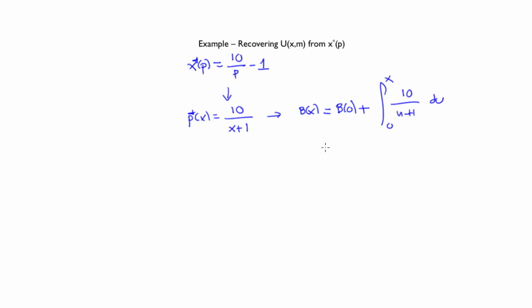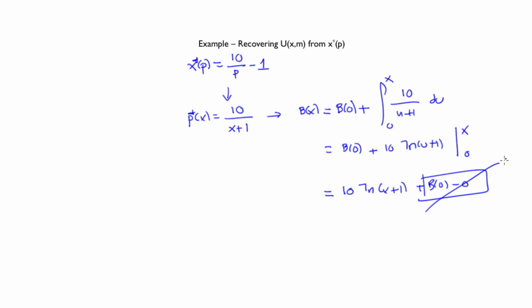Now, if we solve that integral, this is going to be equal to b0 plus 10 times the logarithm of u plus 1, evaluated between x and 0, and that is going to be equal to 10 times the logarithm of x plus 1 plus b0 minus 0, where this is the constant that we cannot pin down.